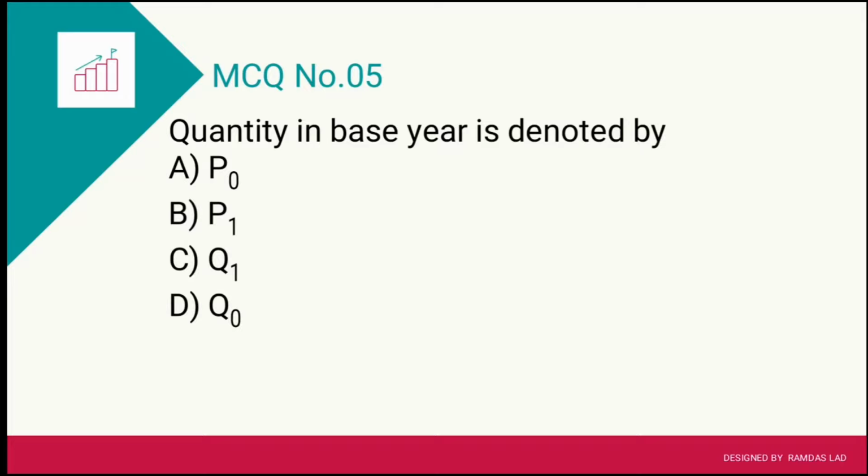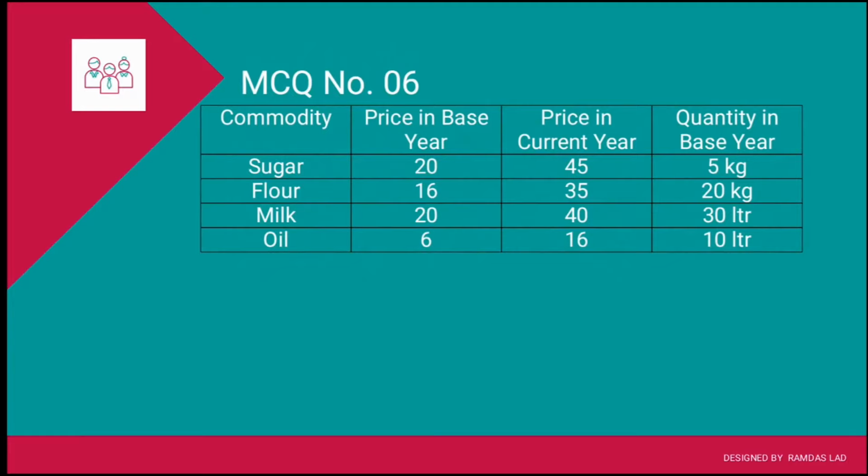So Q0 is the correct answer. It means option D is the correct answer. Now question number 6. Okay, so in this question, the information is given in a chart: the list of commodities, price in base year, price in current year and quantity in base year. So here the question is asked on the basis of this chart.